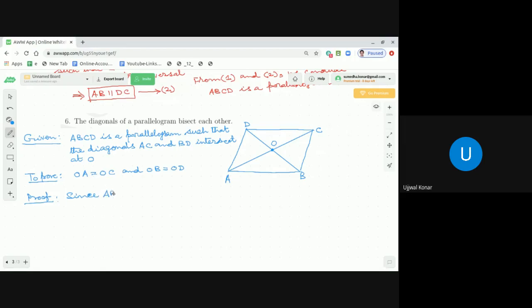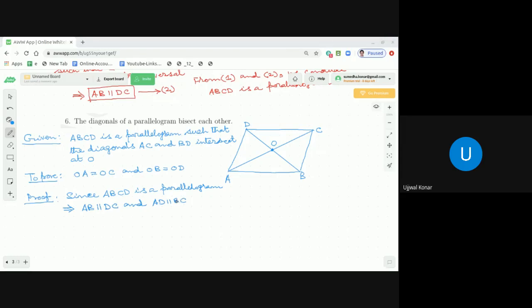Since ABCD is a parallelogram, definitely we can say that AB is parallel to DC, and AD is parallel to BC, correct?